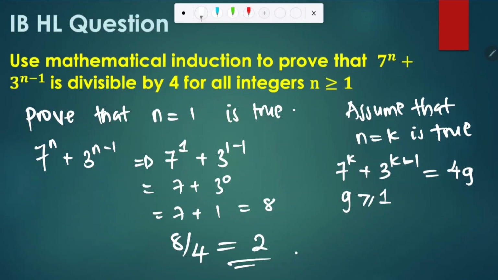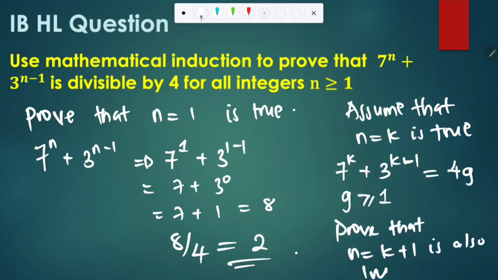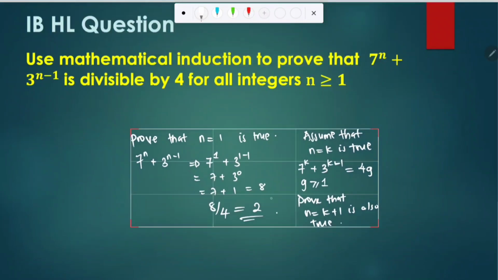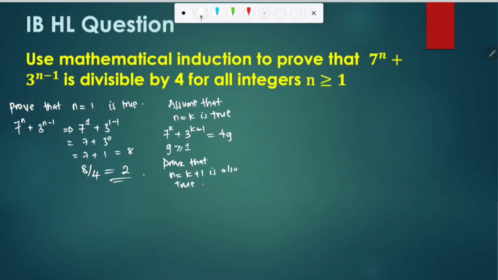Okay, now that we assume that k is true, what we're going to do next is prove that n equal to k plus 1 is also true. Okay, so I'm just going to reduce the size of this. And let's go ahead.